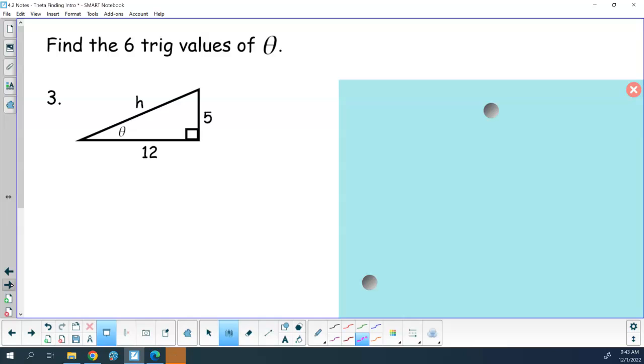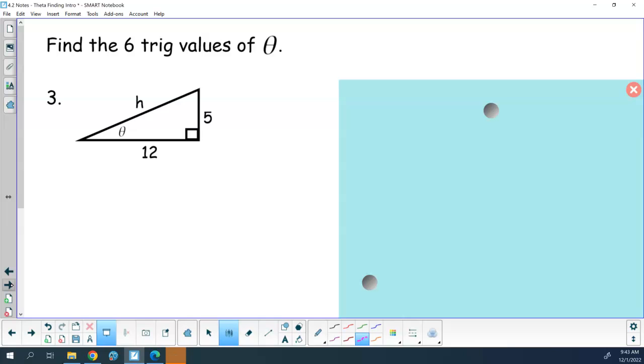A classic problem that we would have in this right triangle trig type stuff would be to say, okay, here is your right triangle. You find me the 6 trig values that go along with it. Okay? So one of the things that we also have in our toolbox, one of those old rusty tools buried in the back, is what for a right triangle?